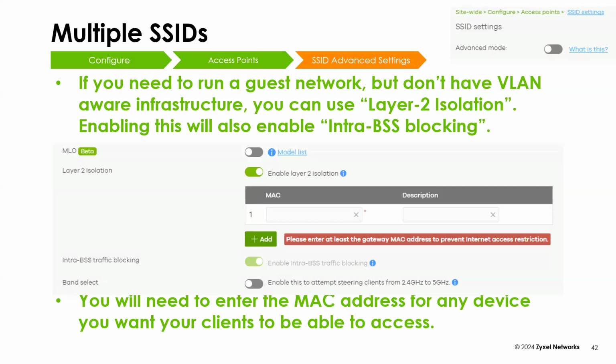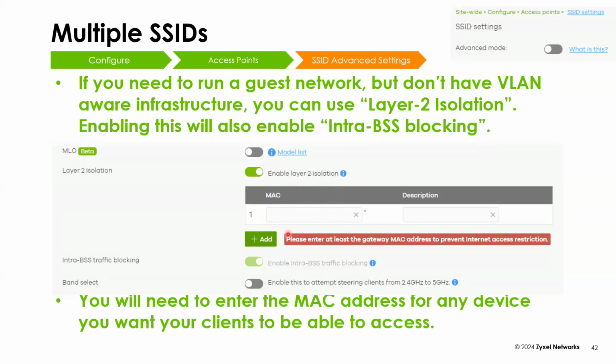And the way it works is intra-BSS blocking will block wireless users from being able to contact or send data to other wireless users on the same network. And then layer 2 isolation will block those wireless users from accessing LAN resources unless you specifically whitelist the device based on MAC address.